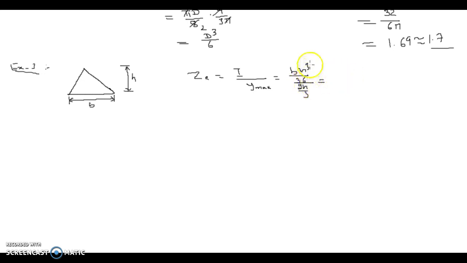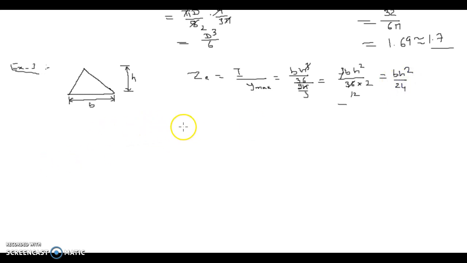Okay, this is H square, and you are going to get 3BH square. This is 36 times the 2, right? So 3 12s are gone. So the answer is BH square by 24. Okay, let's keep that way.